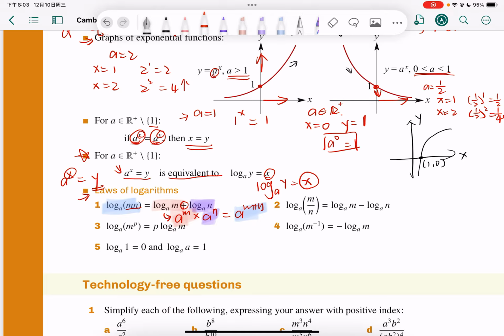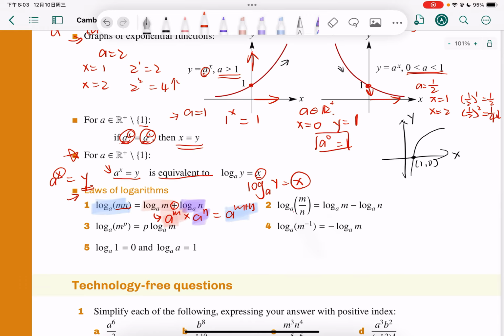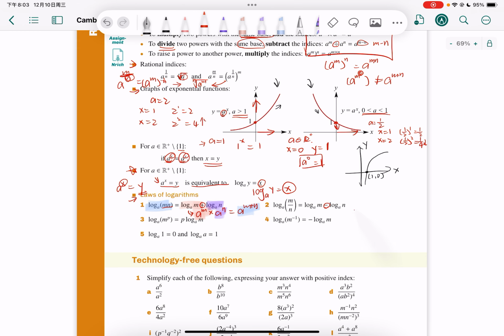Let's also do the division one. Log base a of m divided by n is equal to the subtraction of log a m and log a n. This corresponds with a^m divided by a^n equals a^(m-n).